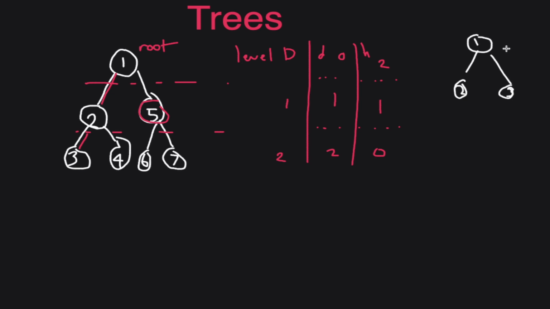So even if you had something like this, 1, 2, 3, 4, in the case of a binary tree, that wouldn't be complete because this cell here isn't filled out, for example, or that node there.